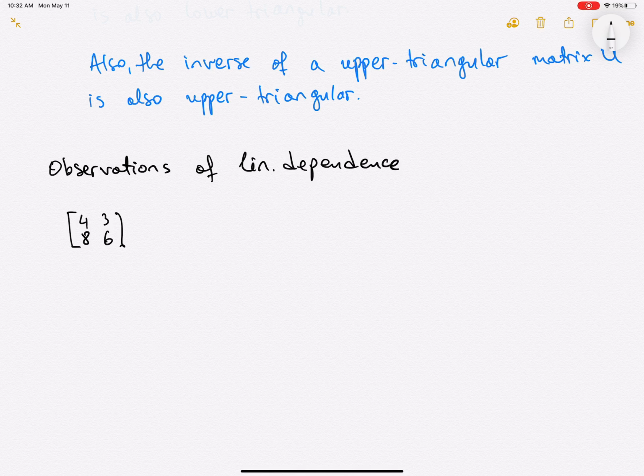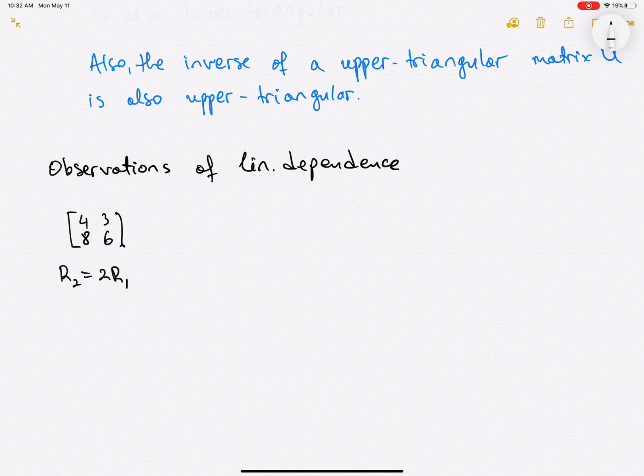Now, what do we see? We see that the first row and the second row are linearly dependent because the second row is 2 times the first row. So we have row 2 equals 2 times row 1, which means that if we were to carry out elimination, we will get a row of zeros. Now, is it true that the columns are also linearly dependent?